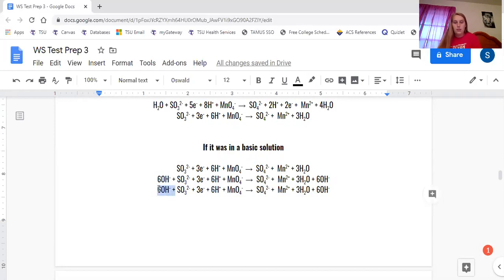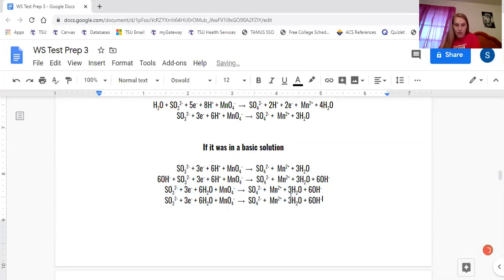So then it gets rid of this, and it's going to form 6 H2O. And we have 3 waters on the other side. So we're going to be able to get rid of 3 waters on each side. So minus 3 H2O over here and minus 3 H2O over here.